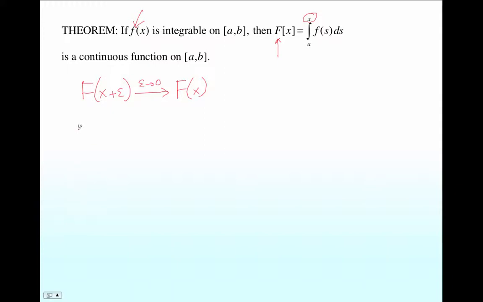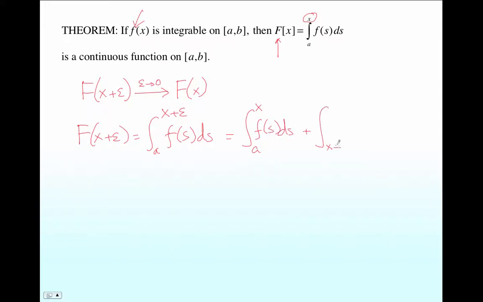In this particular function, F of x plus epsilon is the integral from a to x plus epsilon, f of s ds. And now I'm going to break this up into two parts, a to x, and then the second part is x to x plus epsilon. That's actually very easy to see.